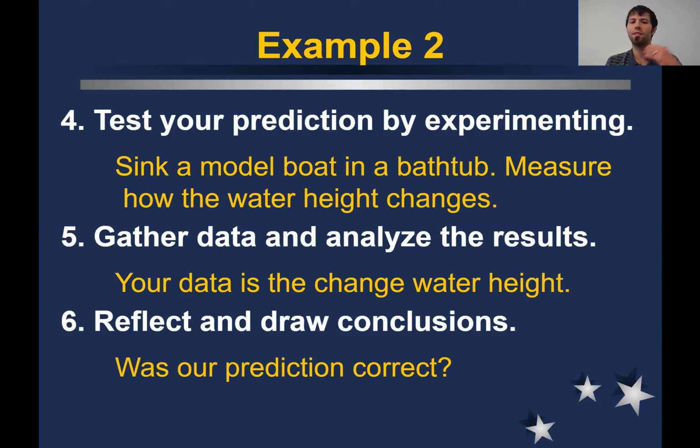If by the time you get to number 6, if your prediction is not correct, you could go back and make a new prediction and say, well, because of this, the water level actually sank. And just by finishing this one experiment, I opened up a whole other question on, well, what are the dynamics of the ocean compared to the dynamics of, say, maybe a bathtub?